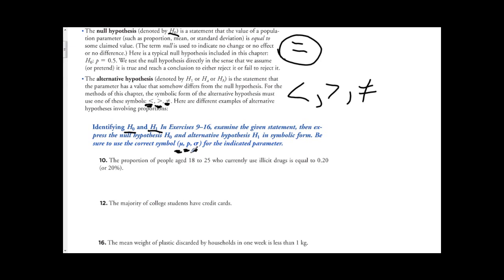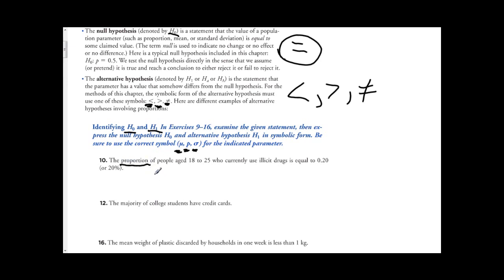Number 10, the proportion of people aged 18 to 25 who currently use illicit drugs is equal to 0.20, or 20%. All right, so let's see. That is a claim about a proportion, right? It says right here, the proportion.